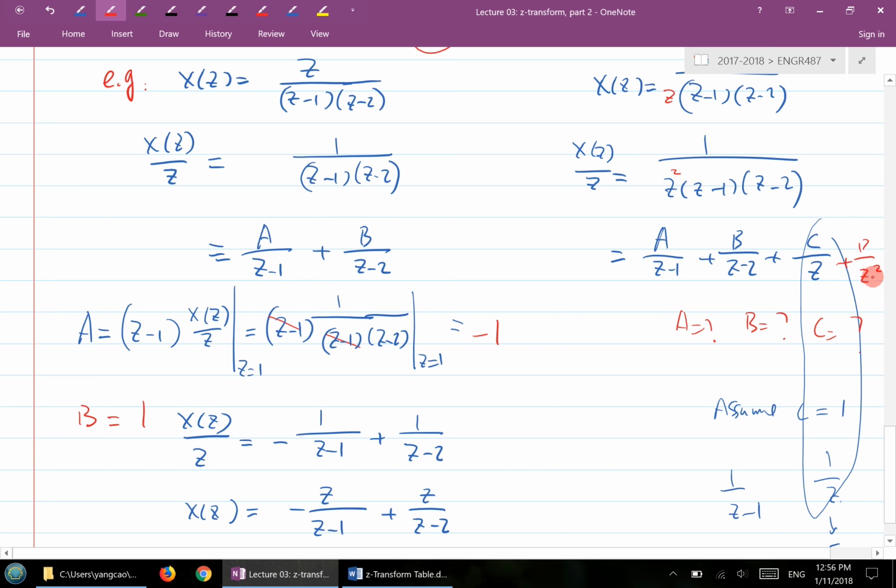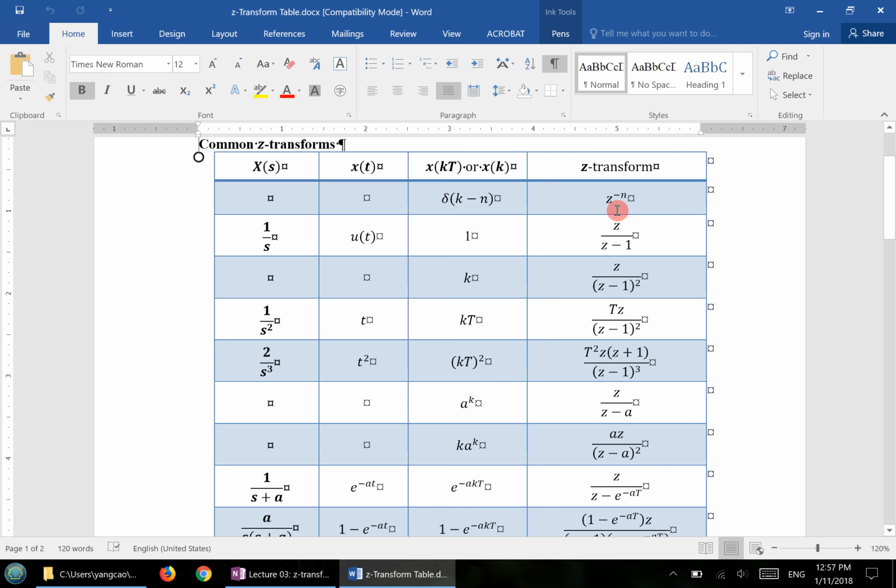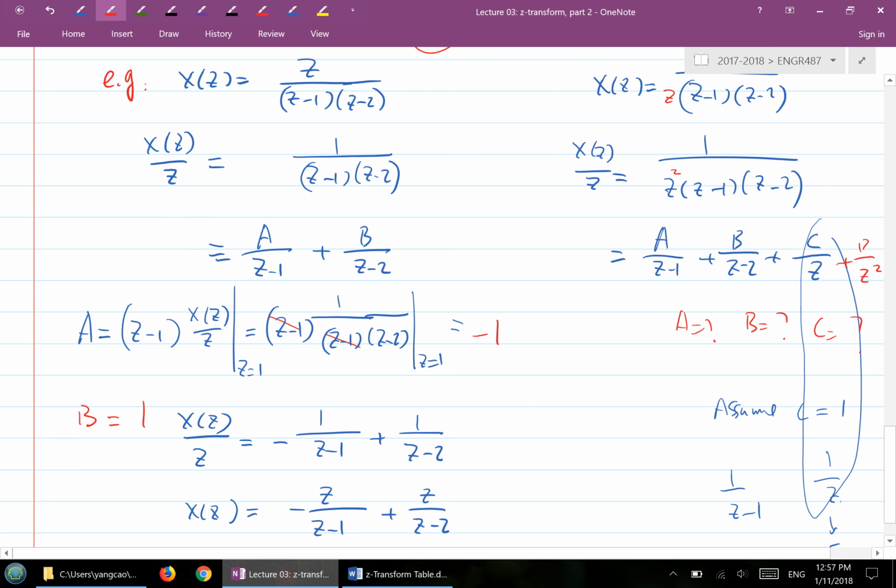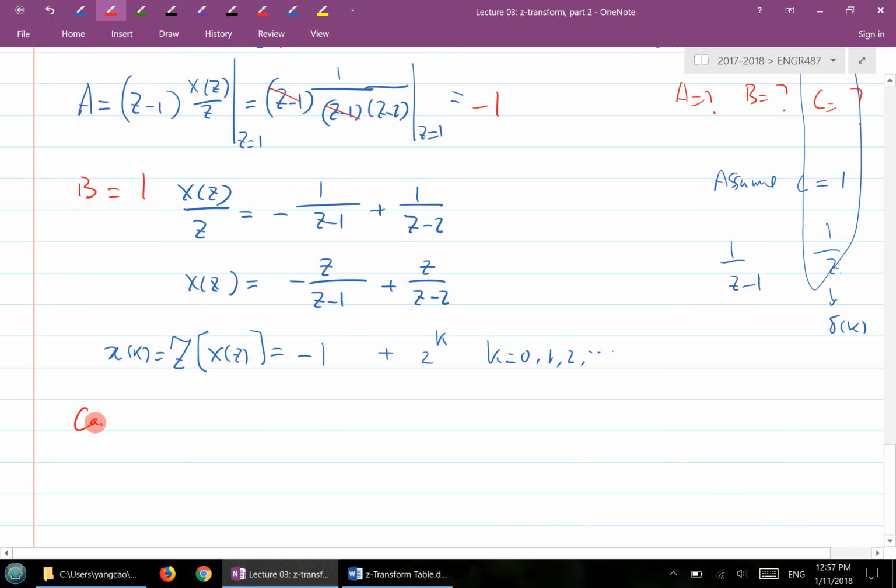And that's a delayed delta function, because when you have a delay of one step, you get a z to the power negative 1. So it's all there, if you follow the process. You just have to look at the table to find the corresponding z-transform term, and then the corresponding inverse of z. So that's your first case.